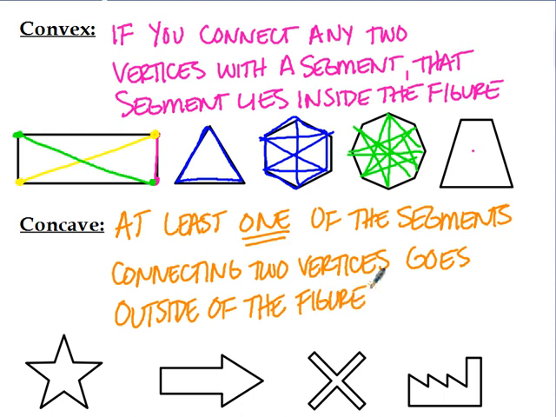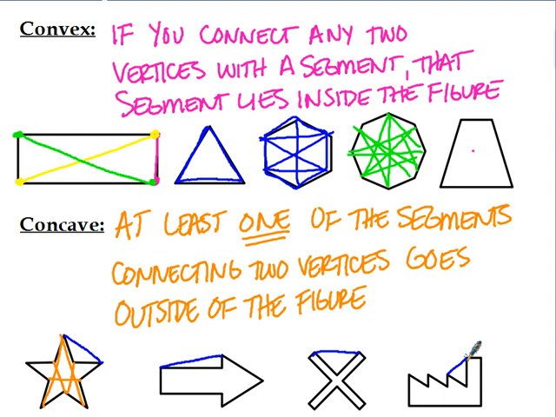If I look at the star, there's a bunch that I could draw that would stay inside. All of these are staying inside. However, as soon as I find one, like this blue one, that goes on the outside, then it's concave. So on the arrow, I could connect these two, goes on the outside. I could connect these two in the X, and that's on the outside. And in the factory, I could connect these two. You only need one. As soon as you have one that goes outside the figure, then it's concave.